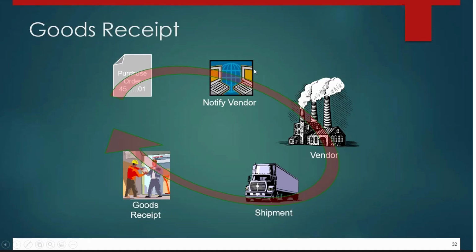This means, please take care of my purchase order, and when the vendor receives it, he will work on it, and then when he finishes, he will do a shipment, and then you will receive the goods. So this is where we are. Goods receipt. استلام البضاعة.